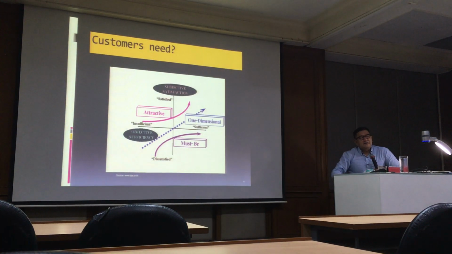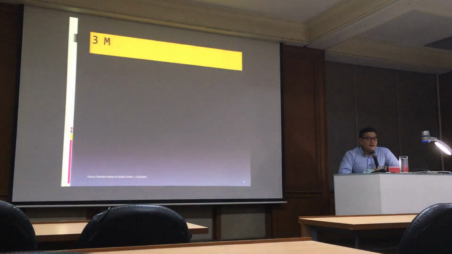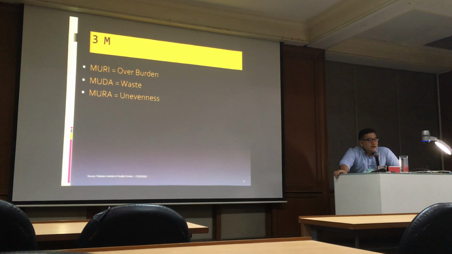Besides listening to the customer, we also have another concept such as the 3M, right? 3M comes from the Japanese words muri, muda, mura, right? If you have one of these three things, maybe you have a problem to improve.